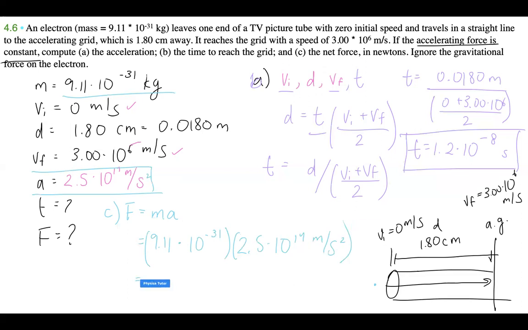And for our final force, what I'm getting is 2.4 times 10 to the 14 times 10 to the negative 31 times 9.11. And I'm actually getting something different from what I got when I solved the problem on my own.